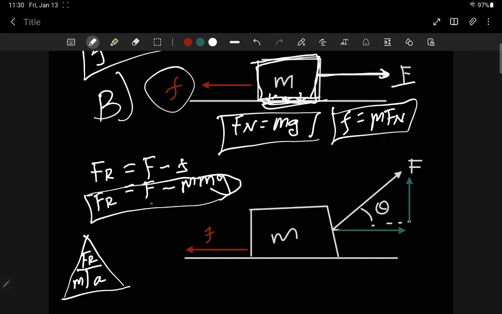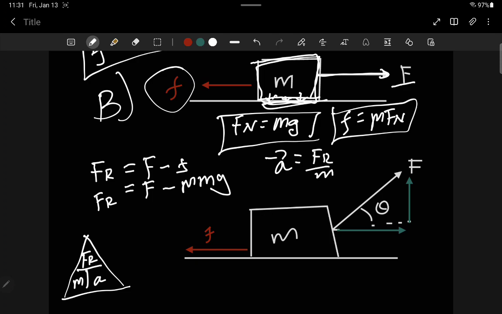After you calculate the resultant force as F minus the frictional force, the acceleration is the resultant force divided by mass. The resultant force is already calculated using this equation.